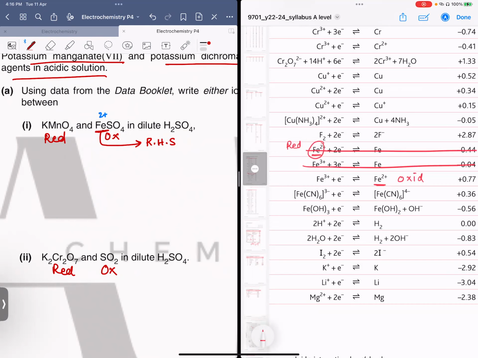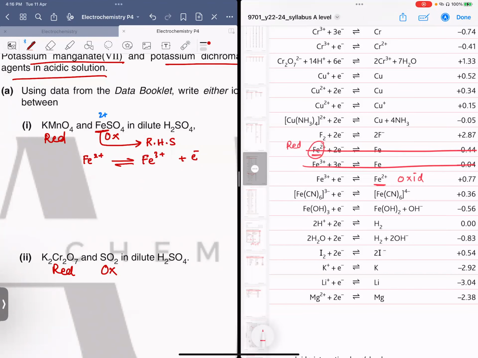As it is undergoing oxidation, we flip the equation. So I will write Fe2 positive arrow Fe3 positive plus electron. Is this clear to everyone?